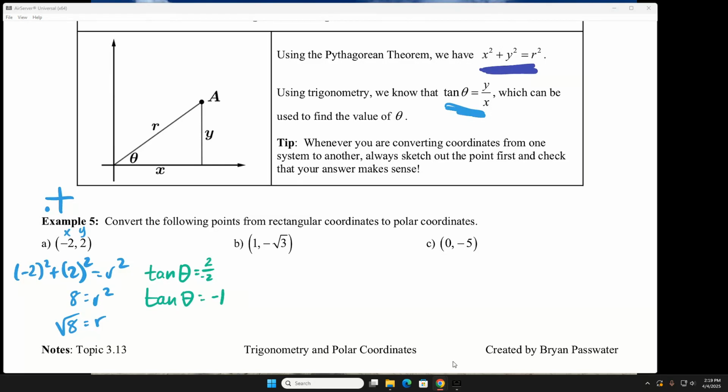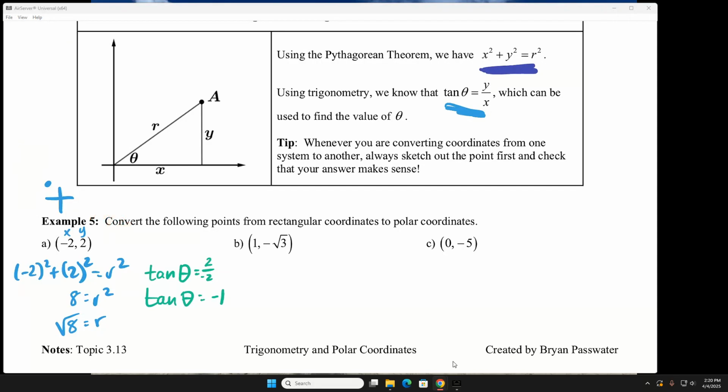You know what? I graphed that in the wrong place. Sorry. We're going to go left 2, up 1. All right, so I know the slope of this line is going to be -1. So there's actually 2 angles on our unit circle that have that slope, and they're definitely pi over 4s. So our answer could be 3 pi over 4, or it could be 7 pi over 4.